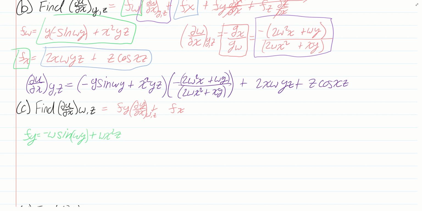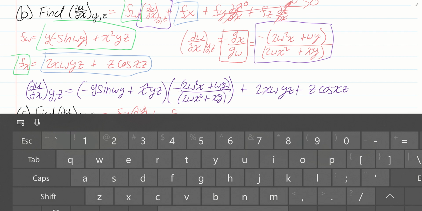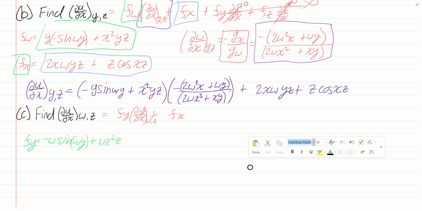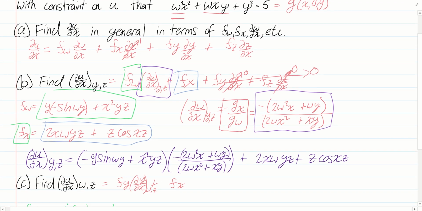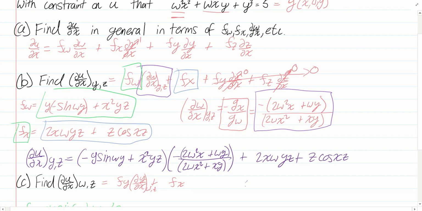So now, last time I solved it using the implicit function theorem. This time I'm going to solve it implicitly. So I want to go ahead and write down that equation right there. w squared x squared plus wxy plus y squared equals 5.